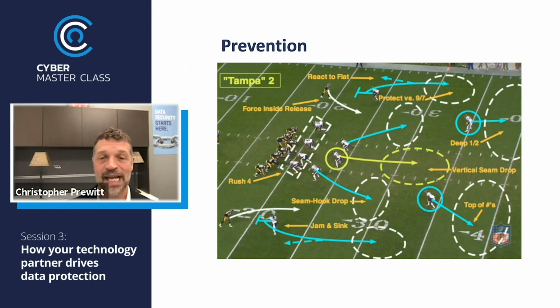But more and more attackers have been able to bypass these basic fundamental technologies that all organizations have fairly easily. And what happens when that wide receiver gets behind your safety? How are you going to respond? How can you recover? Those are really the areas of focus that companies aren't ready for. They get a bunch of smart people in a room and they try and fight that fire when it occurs.